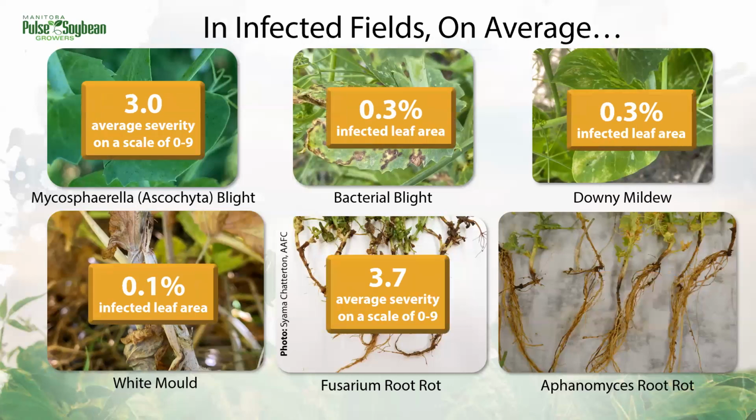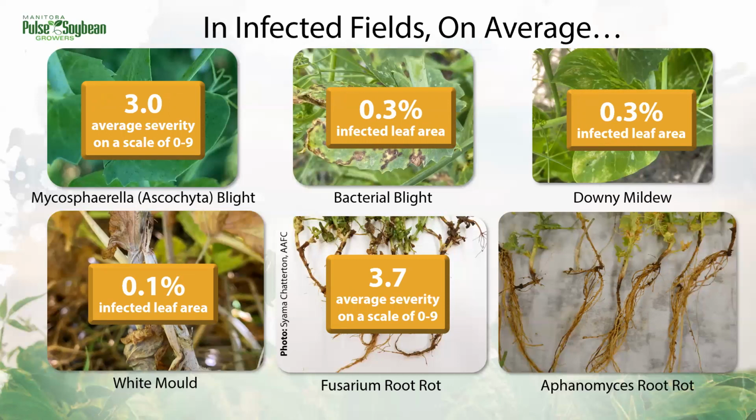Within those infected fields, how severe was the infection? For Mycosphaerella blight, on average, it was a 3 on a scale of 0 to 9. That means that up to 50% of the lower canopy was infected, and up to 20% of the mid canopy also had lesions on average. So a moderate to low level infection on average.